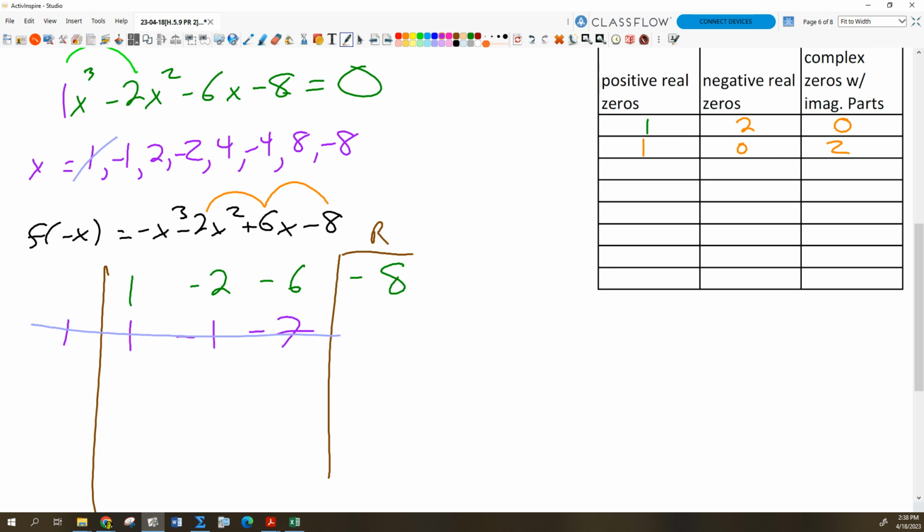Okay, let's try -1. Bring the 1 down. -3. It's not going to work, is it? I'm going to get 3 and -6 is -3. Not going to work. Okay, so this guy we cross off, move on to 2.